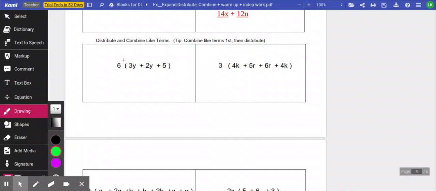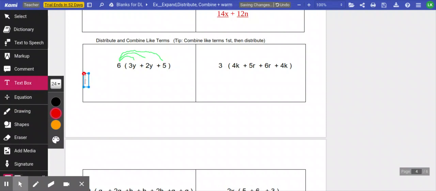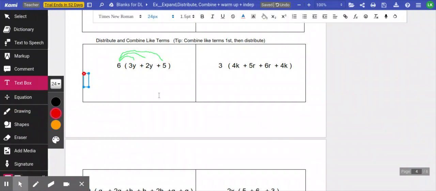The first way is, because I see parentheses, I know I'm going to have to distribute or multiply the 6 by each of the 3 terms inside. So 3 times 6 would be 18y. 6 times 2 would be 12y. And 6 times 5 would be 30.